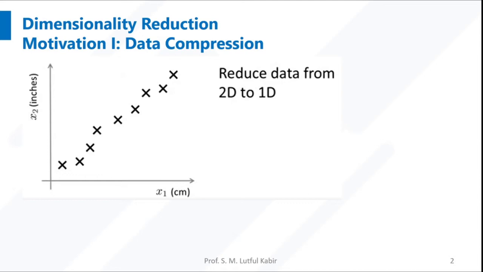These are the same thing in different units, the same distance. That means x1 is a distance, x2 is also a distance, but their units are different, centimeter and inches. And these are certainly redundant data. So instead of two data, we can represent the distance by a single data.